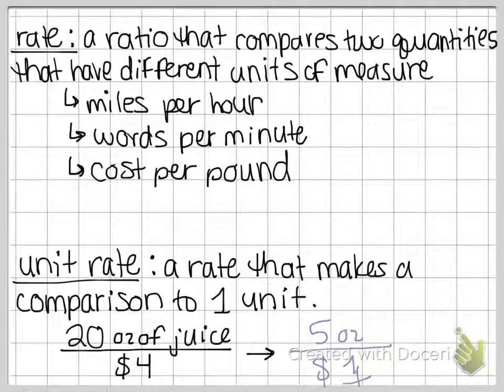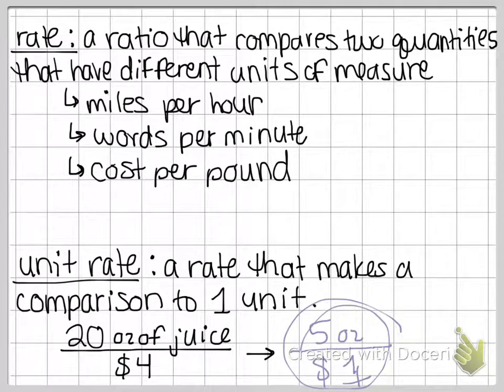My 1 is my unit rate. I can use my unit rate to figure out how much any amount of juice would cost, like 100 ounces, or how many ounces I could get with $100. Using that unit rate will help you as you're working.